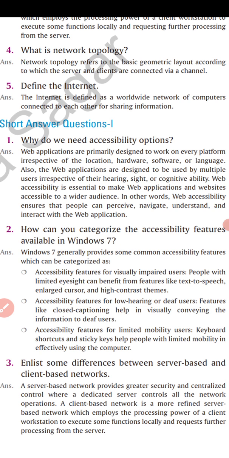Web accessibility is essential to make web applications and websites accessible to a wider audience. In other words, web accessibility ensures that people can perceive, navigate, understand and interact with web applications. So dear students, you should learn this answer, very important actually.